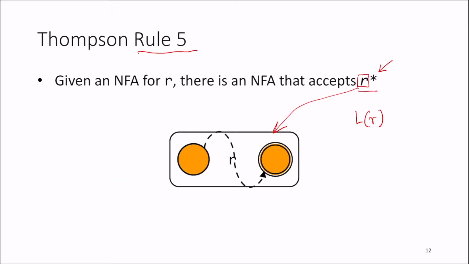I create a loop back that goes from the final state back to the start state. So I can iterate once, twice, three times, as many times as I want. I can loop through this finite state machine to get R star. And remember that R star also includes the empty string, so it also includes 0 repetitions.